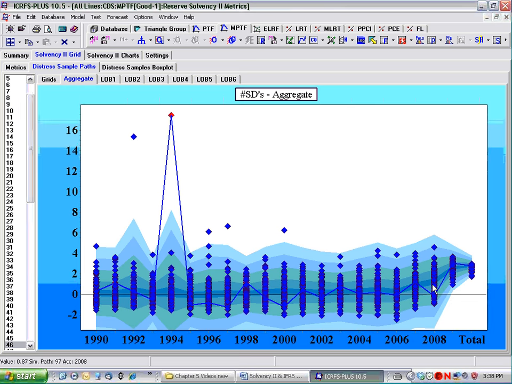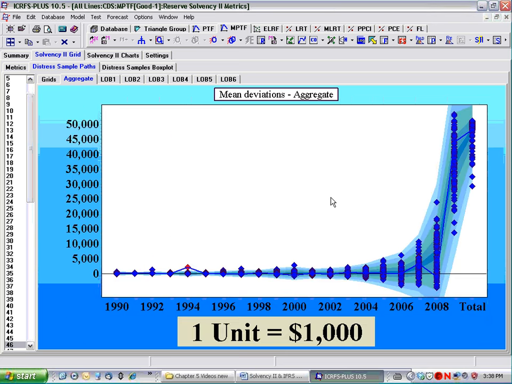Now, that's in the aggregate, in terms of number of standard deviations. If you look at it in terms of really what are the values, in aggregate, you've got to reach around the 50. Now these are mean deviations.